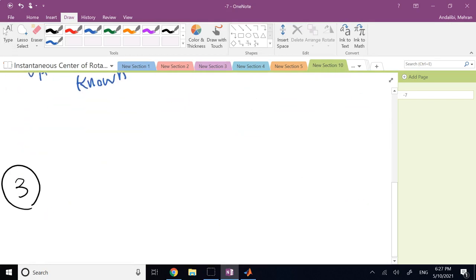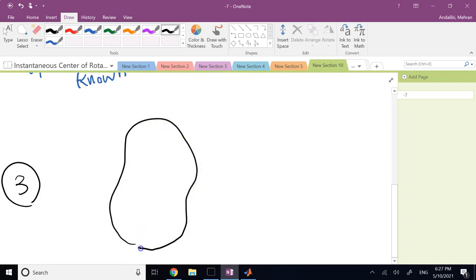So where is the instantaneous center? One example is, let's say here is a rigid body, and you have 1 point here moving this direction, and you have 1 point here moving that direction. So this is VA and this is VB.